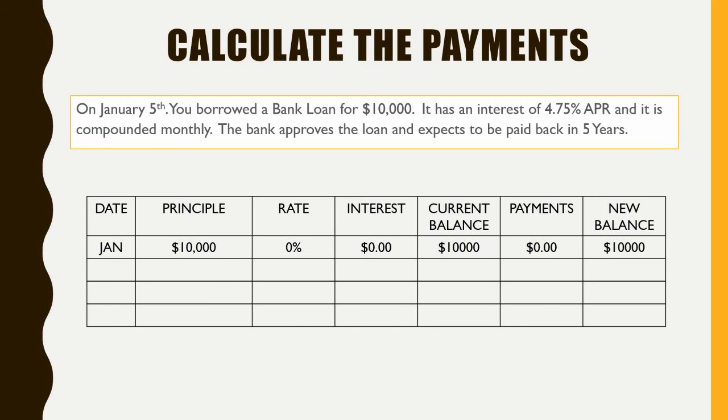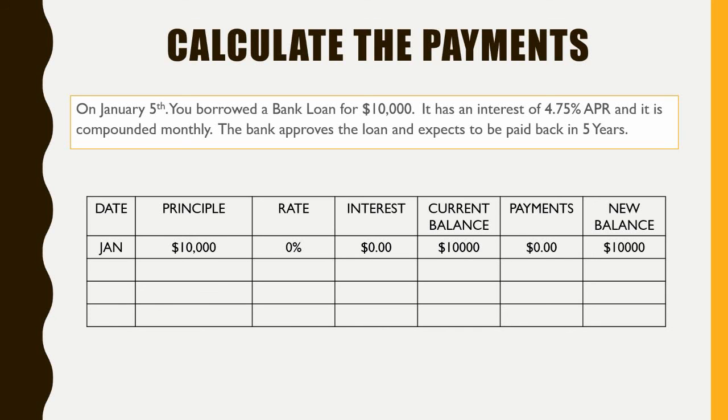You only accrue it after the first month, when you actually start owing the money. So I owe $10,000 and that is it. Interest for the very first month doesn't exist because you didn't use it. You didn't spend it, you just borrowed the money. So you will not accrue interest until the following month, when time has actually passed.